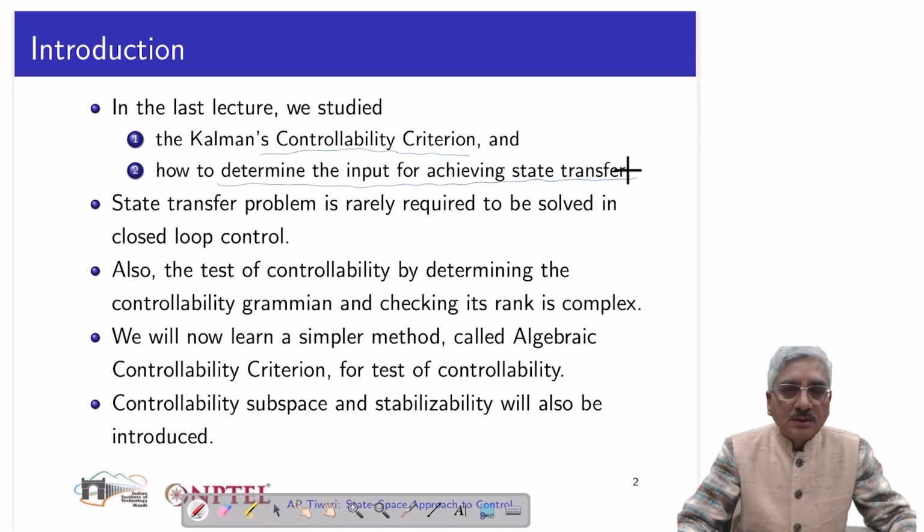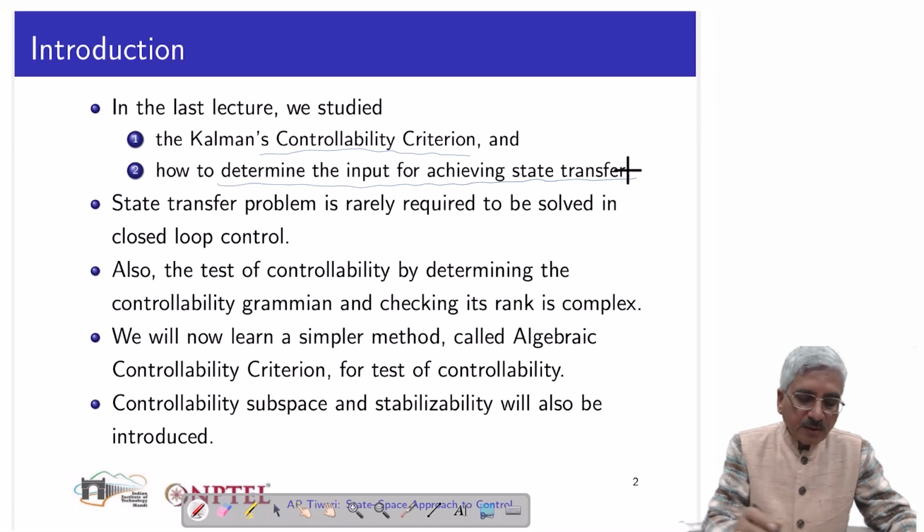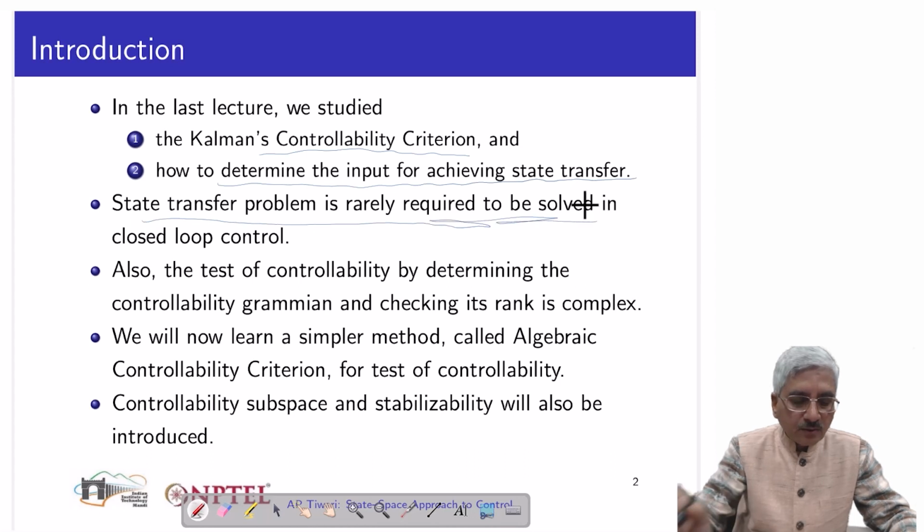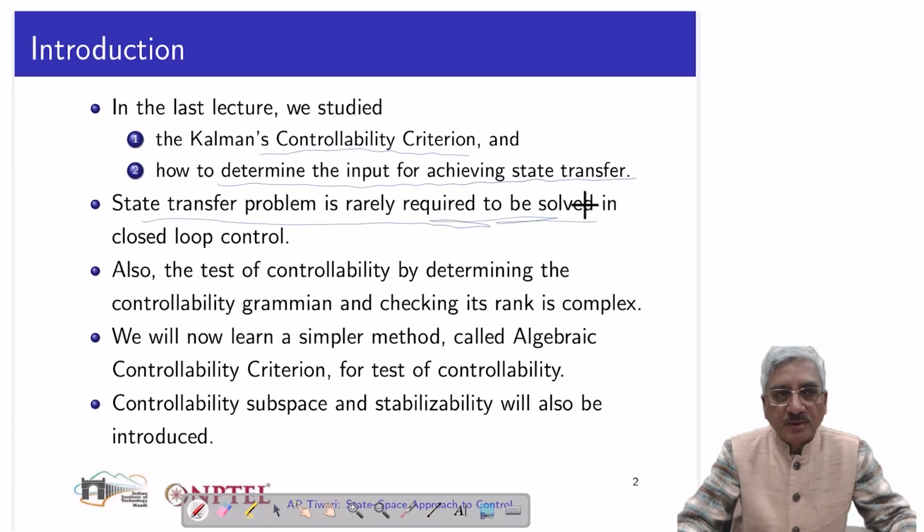Now, there are two things about that. One is that state transfer problems are rarely required to be solved in case of closed loop control. Generally, we model the systems, we understand the system dynamics, and then we design closed loop control to achieve the desired performance.